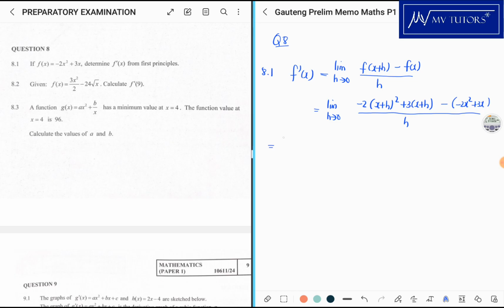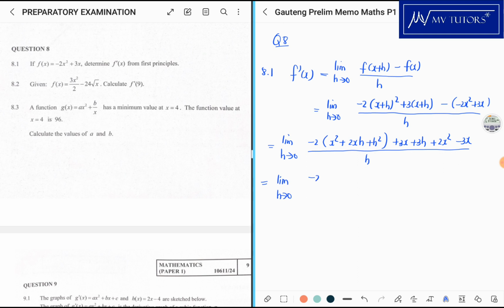I'm just going to make space for myself. So the limit as h tends to 0. I have negative 2 times x squared plus 2xh plus h squared, plus 3x plus 3h, plus 2x squared minus 3x. Here you need to be careful that you do not make silly mistakes, because they will cost you.